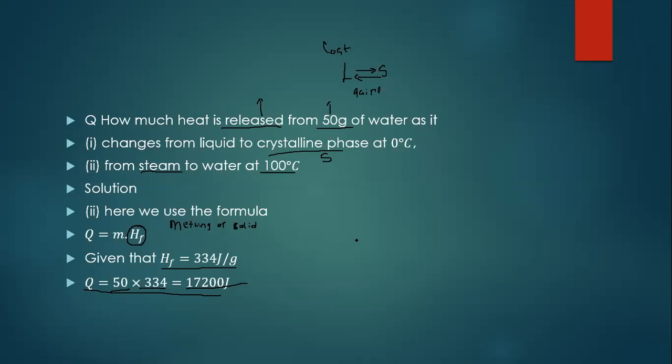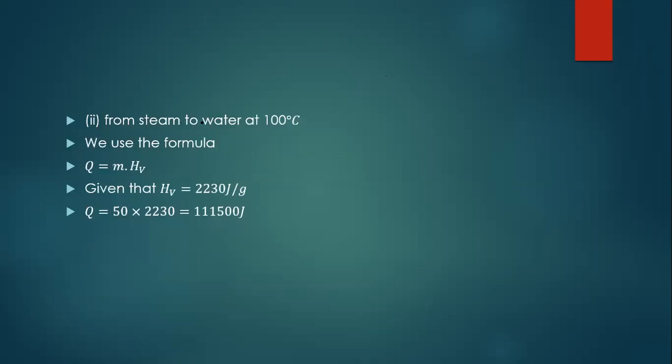So from steam to water at 100 degrees, we use the formula Q equals M times the heat of vaporization. The heat of vaporization applies for evaporating and condensing substances.